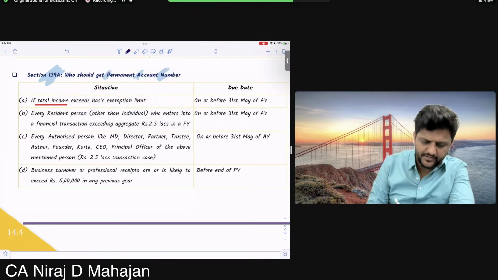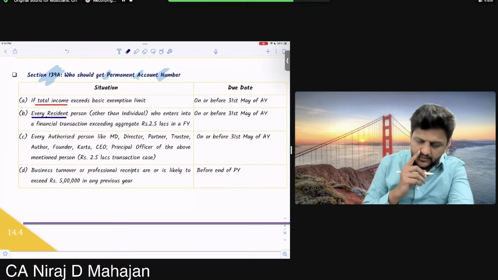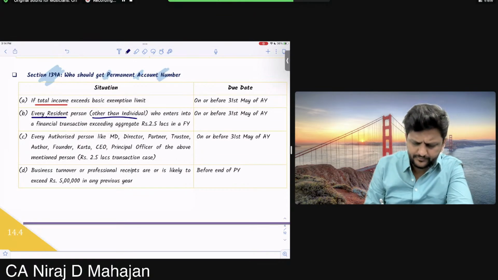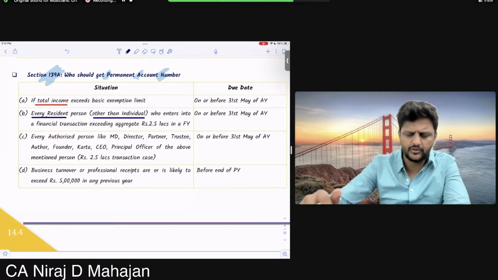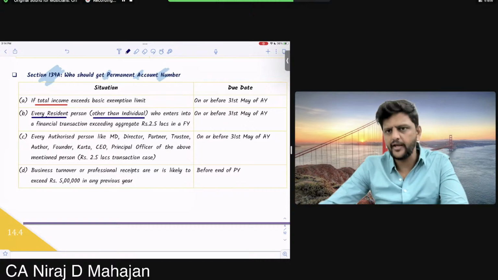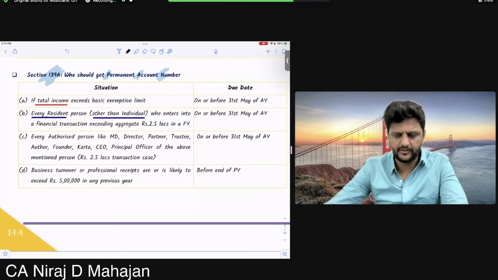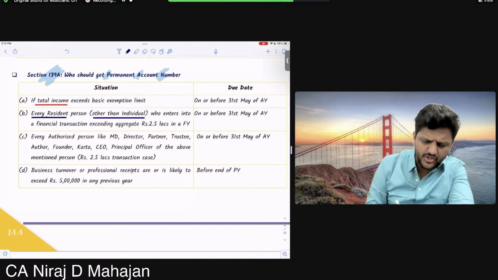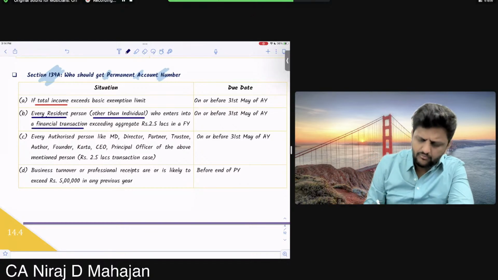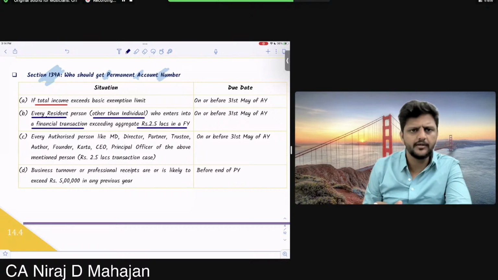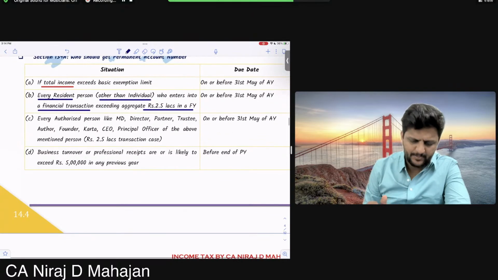Every resident person other than individual, meaning HUF, firm, LLP, company, who enters into a financial transaction more than rupees 2.5 lakhs in a financial year, again compulsorily required.